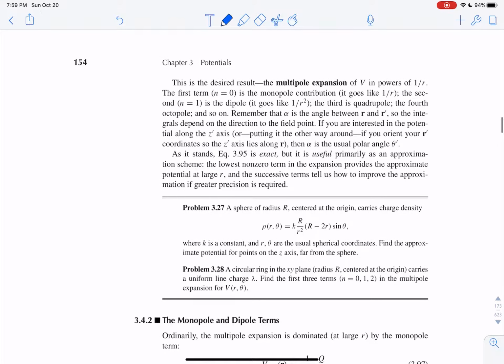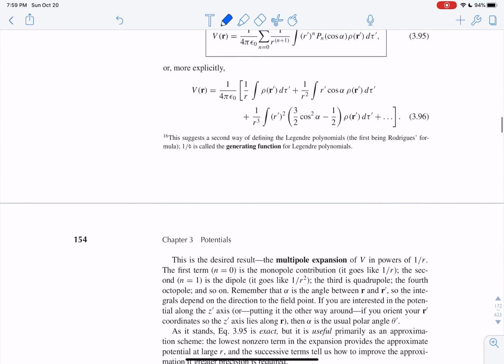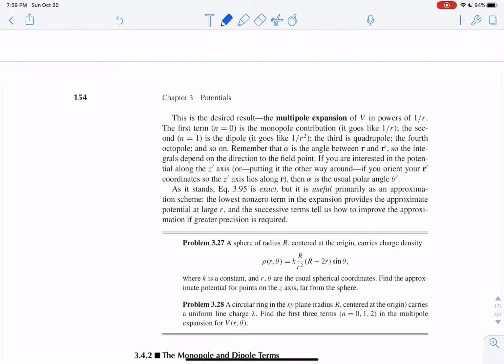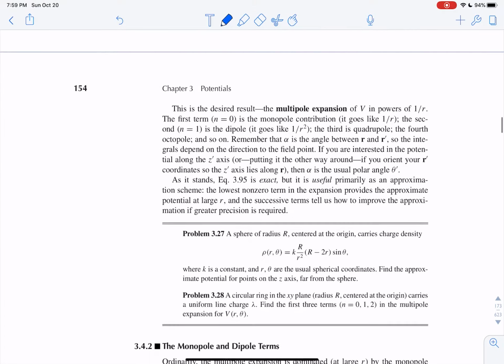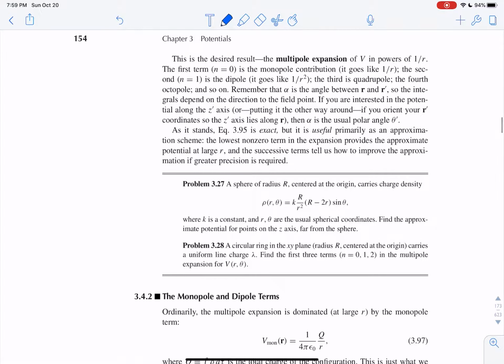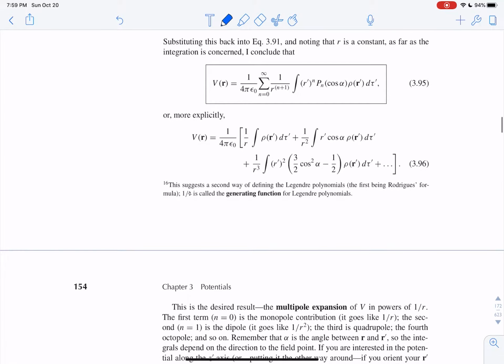An example of that is this. You can use this multipole expansion to find the approximate potential for points on the z-axis. Let's say you take the first 3 terms for this potential. We've got the first term, the second term, and the third term here.